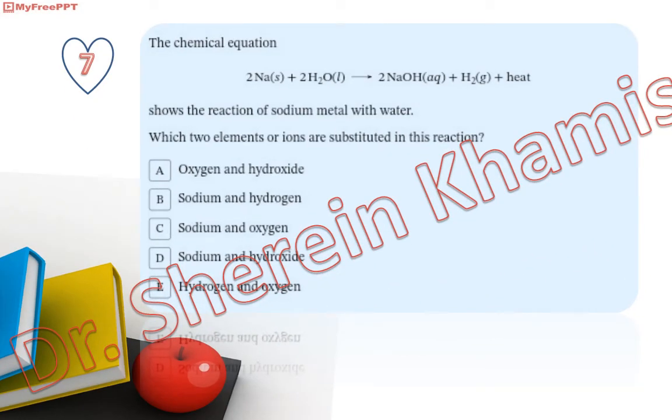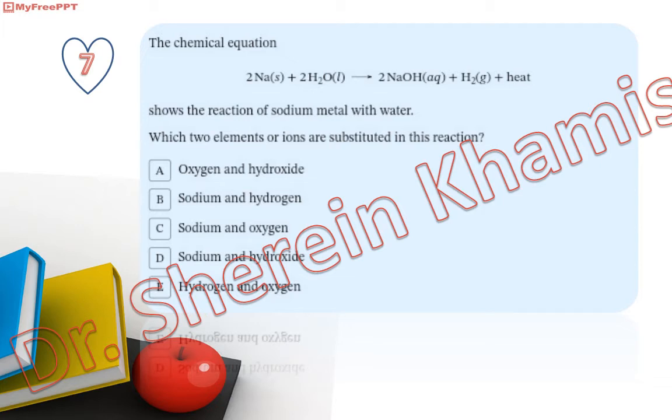Question 7 says the chemical equation is 2Na plus 2H2O, sodium as a solid and water, giving 2NaOH aqueous solution, meaning that sodium hydroxide is dissolved in water, plus hydrogen gas, plus heat.